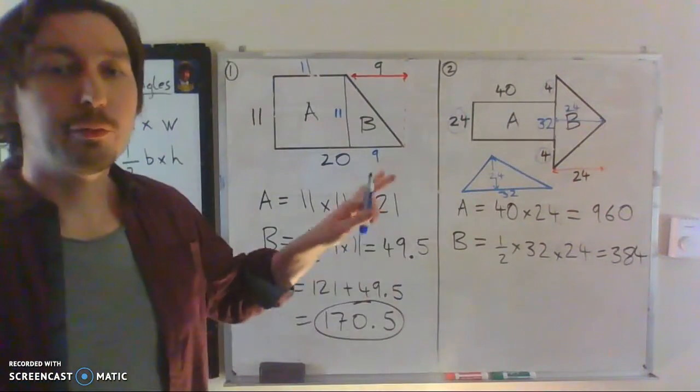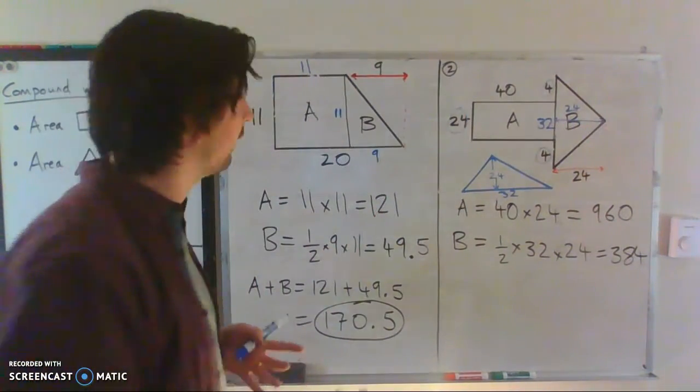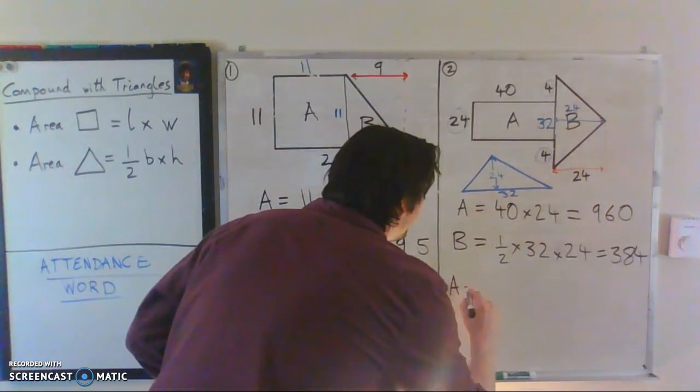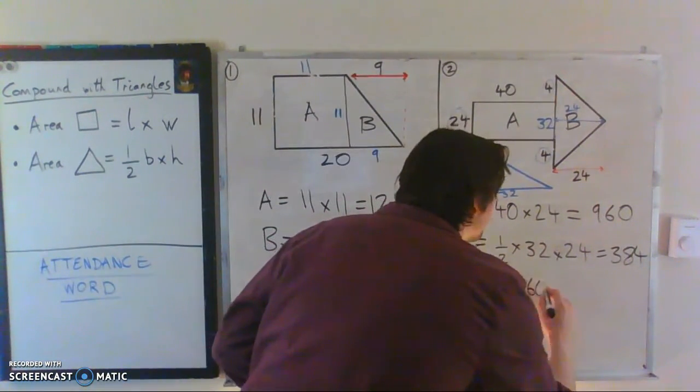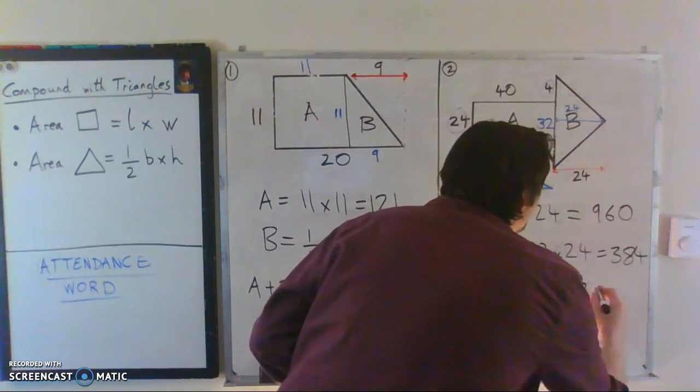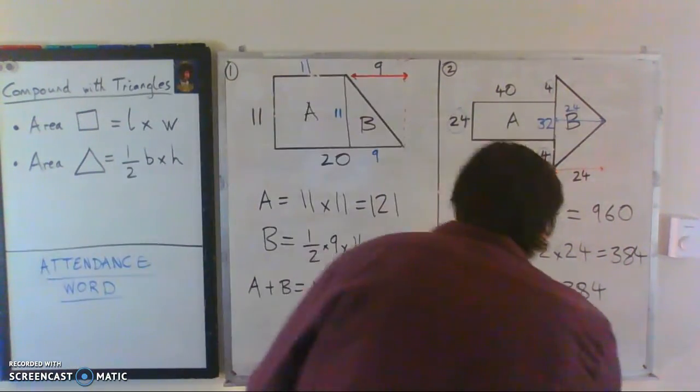So like I said, that's a difficult question. I don't expect you to get all of those right, but if you do, that's amazing. A plus B is 960 plus 384, which is 1344.